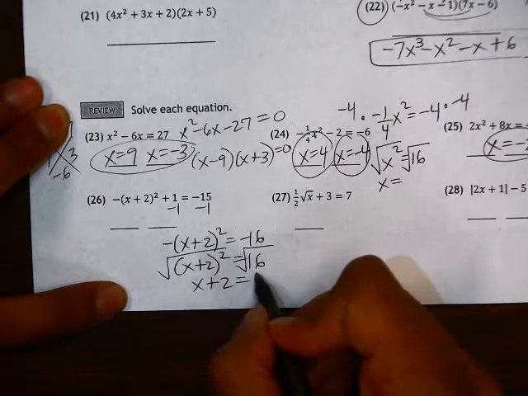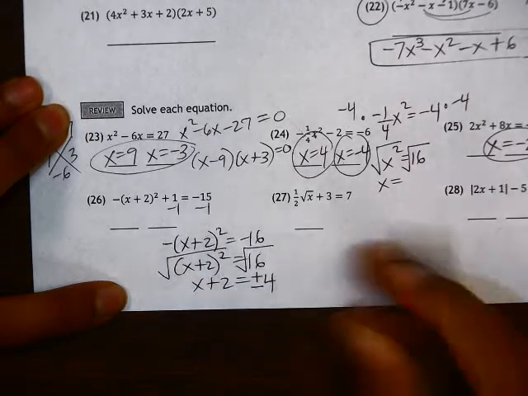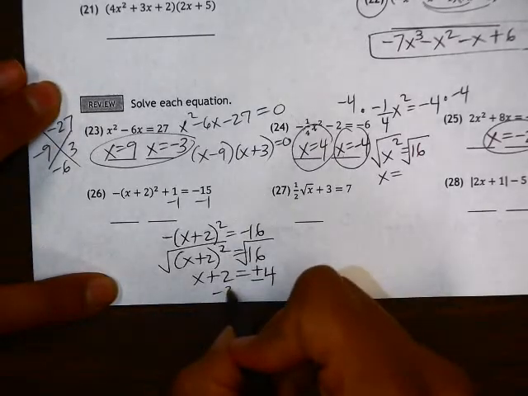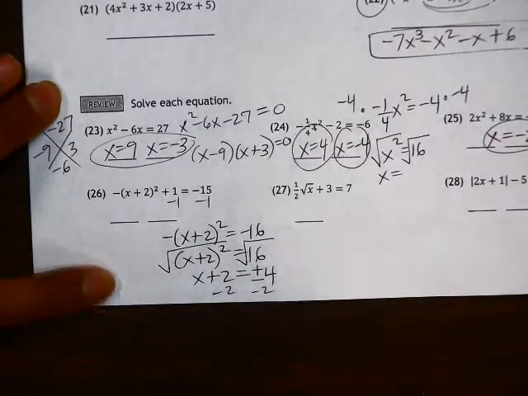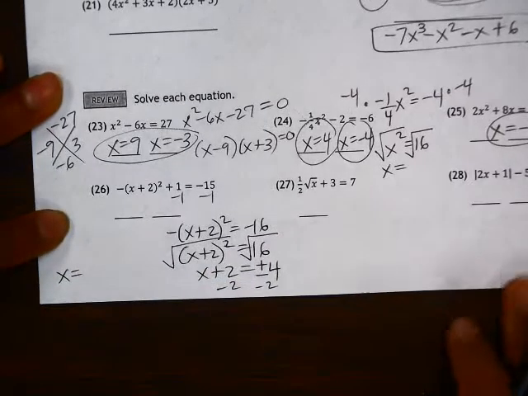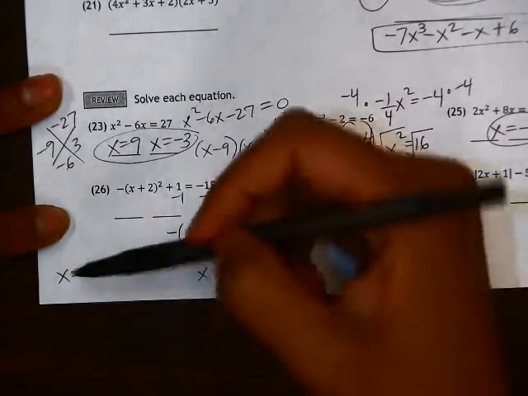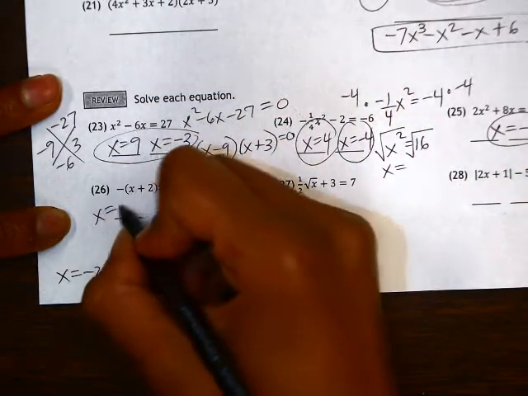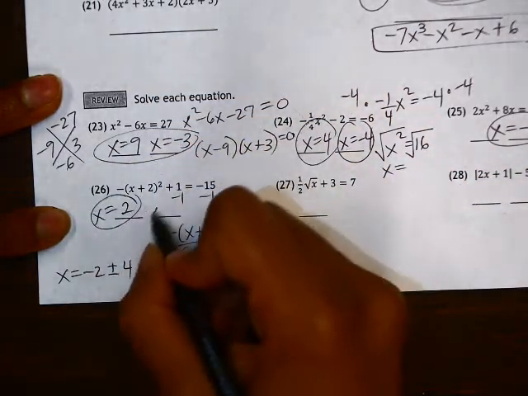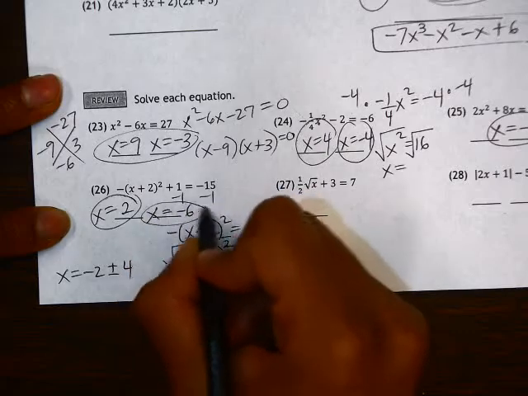This is being squared, so this side could be a plus or a minus 4. Subtracting 2, I have x equal to negative 2 plus or minus 4. So we have two answers: negative 2 plus 4, which is 2, and negative 2 minus 4, which is negative 6.